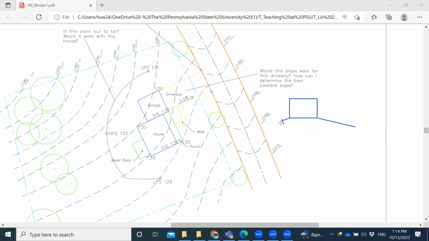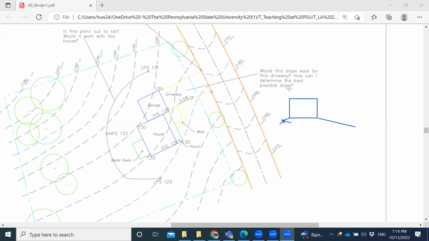Meaning this one is not high. That would mean my swale, if I draw the swale at the back in the background, would be very gentle. I don't have enough vertical difference to create the swale.